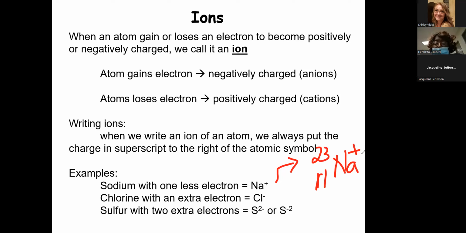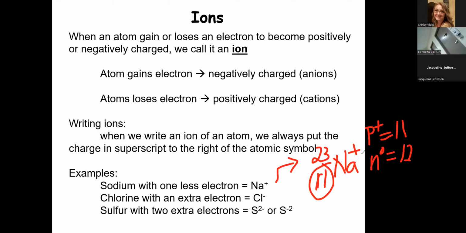So if somebody asked you, how many protons, neutrons, and electrons does this have? Well, protons, we have 11, because this is the protons, remember? Neutrons, we would have 12, because you subtract these 2 to get that 12. And then electrons, you normally would have 11, but you lost 1, so you have 10. You see that? That's how you would know, okay?